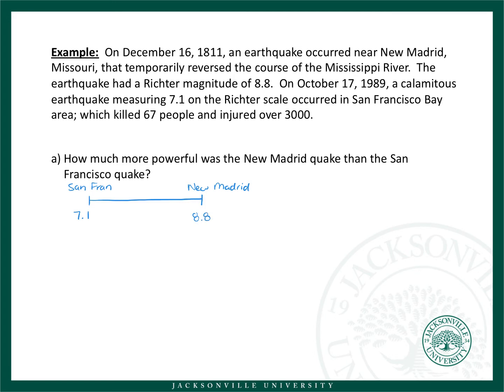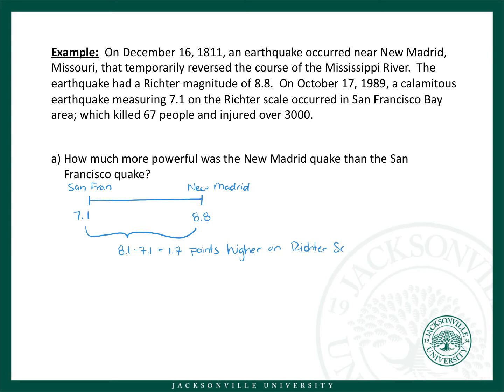So if we calculate the difference in the Richter magnitude of these two earthquakes, 8.8 minus 7.1, that difference is only 1.7 points. The New Madrid earthquake was just 1.7 points higher on the Richter scale.